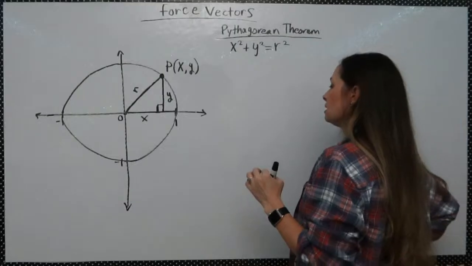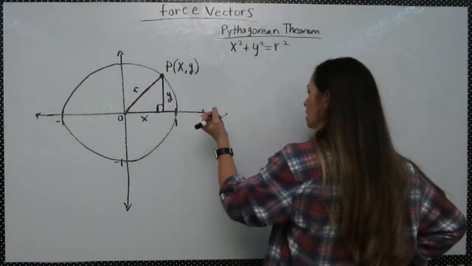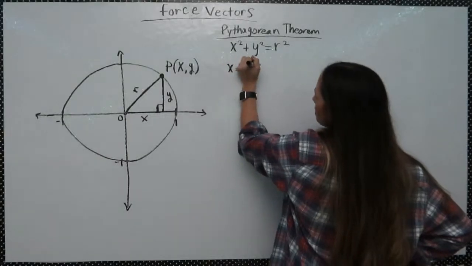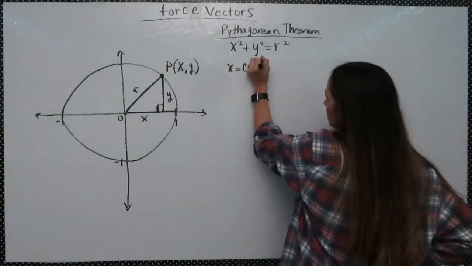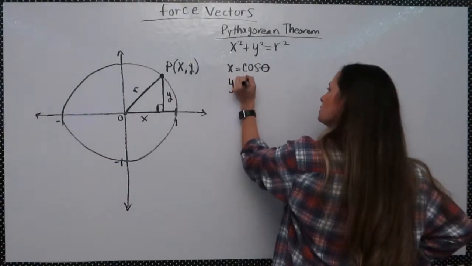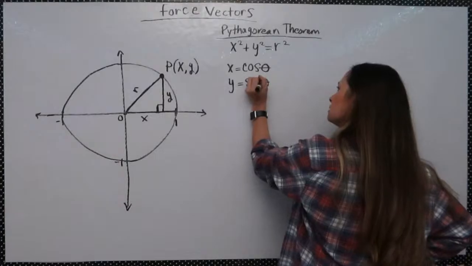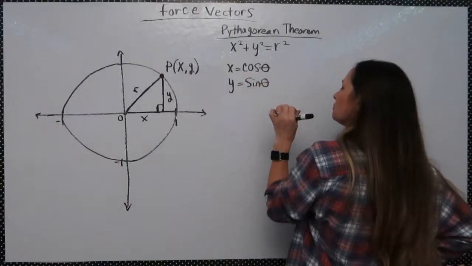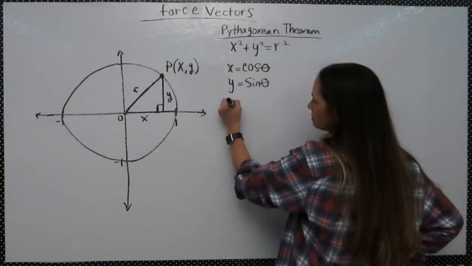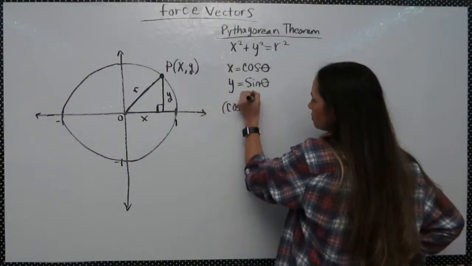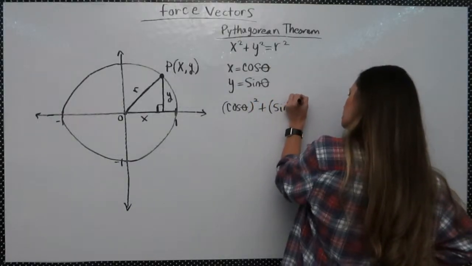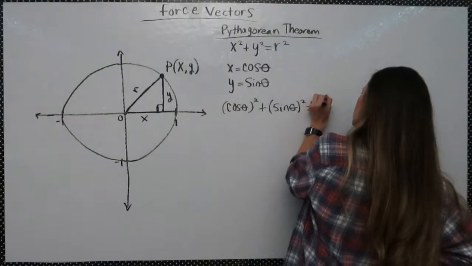Then if you allow x to equal cosine, and it always takes in a theta or an angle, and y equals sine of theta, then when you plug in here you'll have cosine theta squared plus sine theta squared, and that's going to equal r squared.